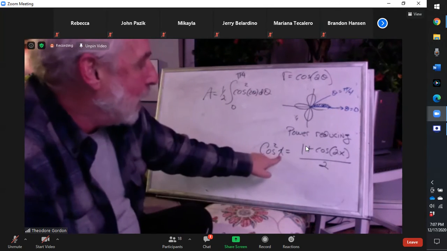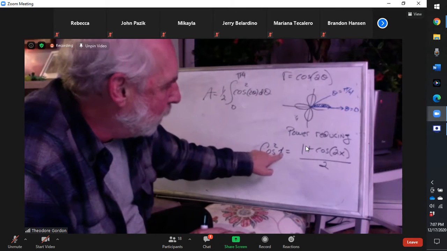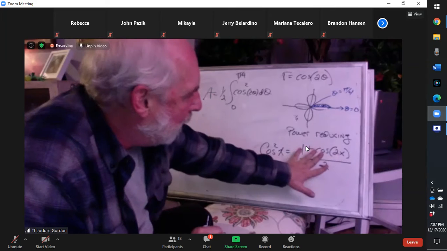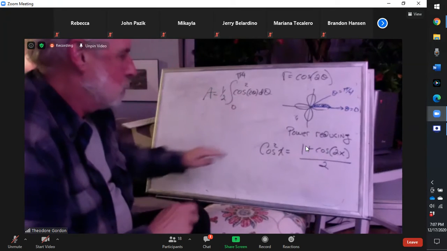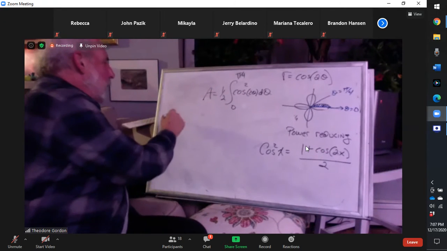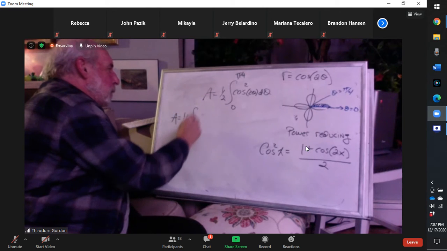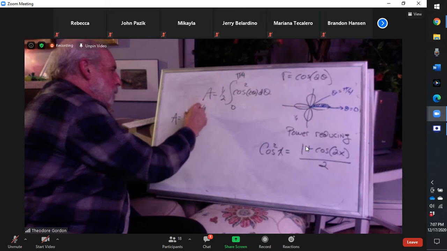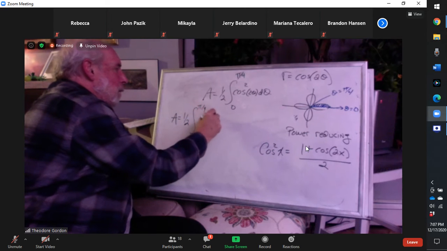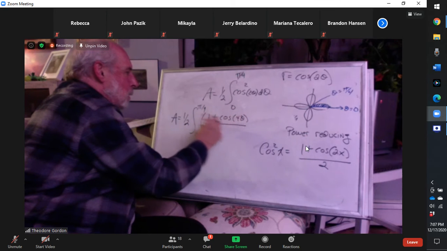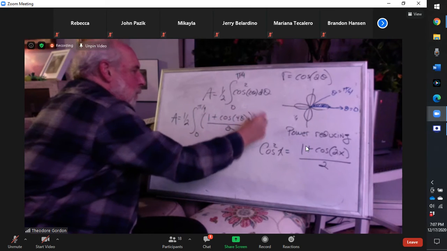Now, I'm using an x here to remind you that whatever this is, you double it. So we're going to apply this here. And that will mean our area is 1/2, integral from 0 to pi over 4, of 1 plus the cosine of 4 theta, all over 2, d theta.